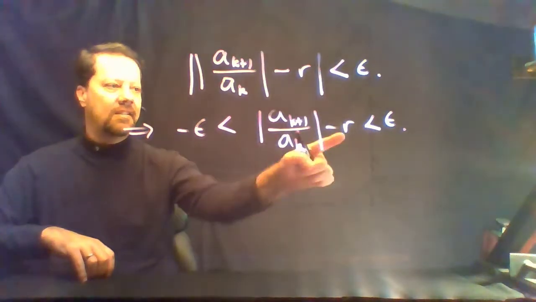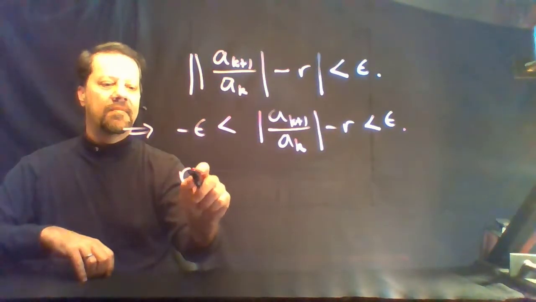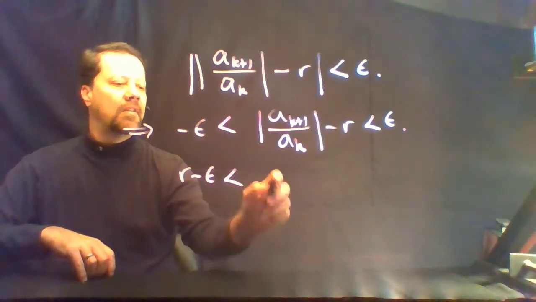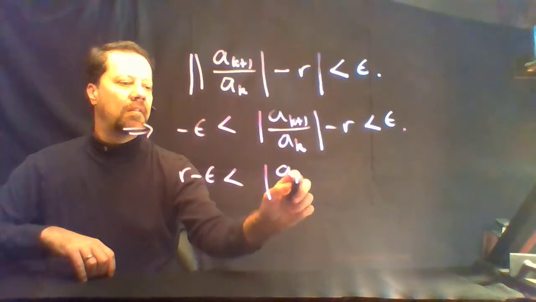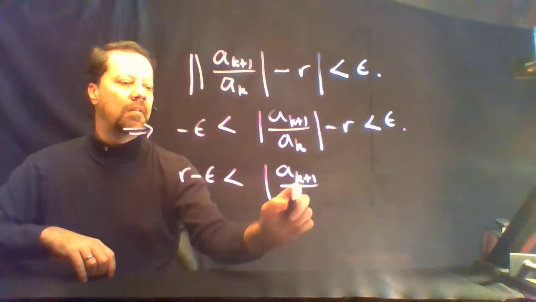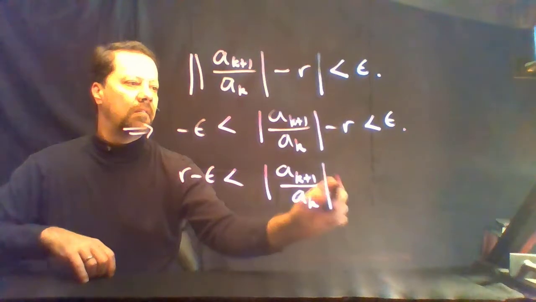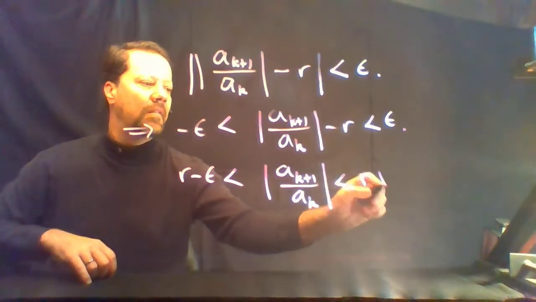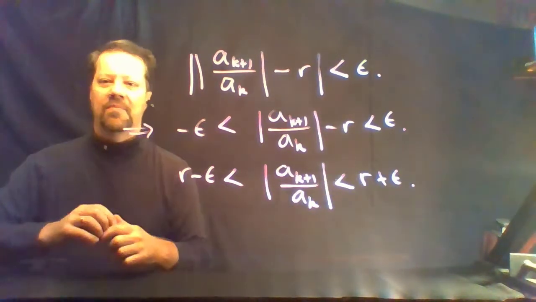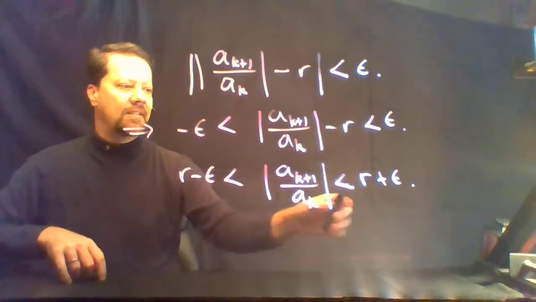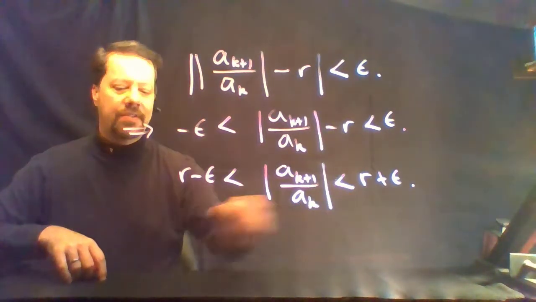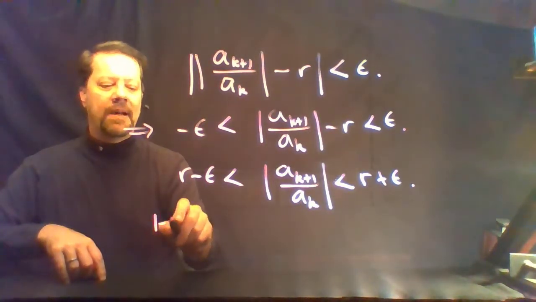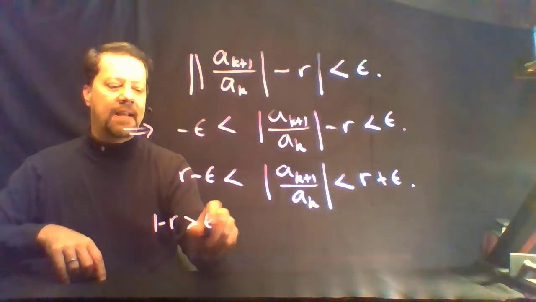Adding r to each of these, recall, we chose epsilon so that 1 minus r was bigger than epsilon.